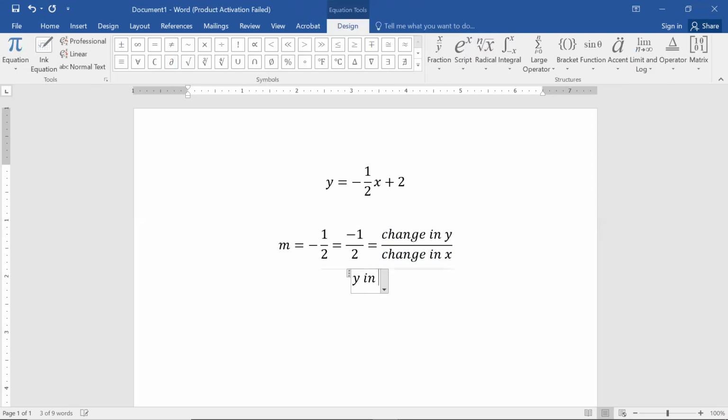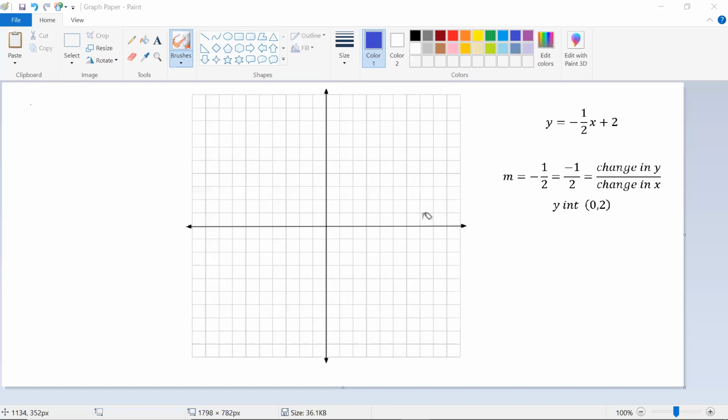Now my y-intercept is going to be the point (0, 2). And with that information, that's enough to graph this line. So let's go ahead and graph this line. So here we go.